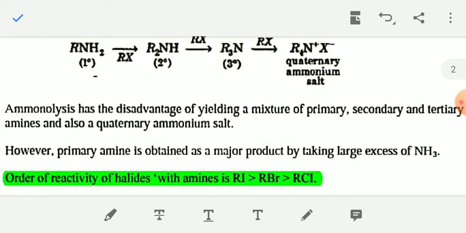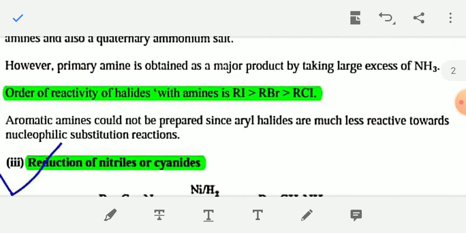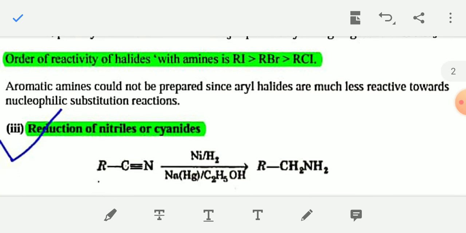If you take large excess of ammonia, then you will get only 1 degree amine. And order of reactivity of alkyl halide in the ammonolysis reaction with ammonia is RI, that is alkyl iodide, greater than alkyl bromide, greater than alkyl chloride.